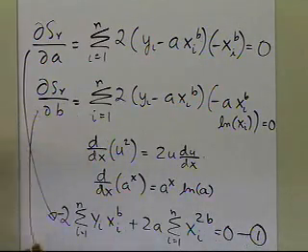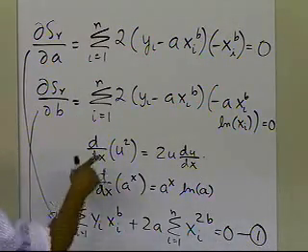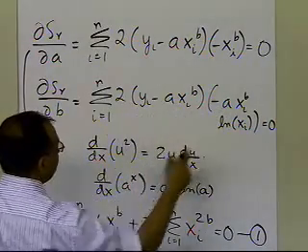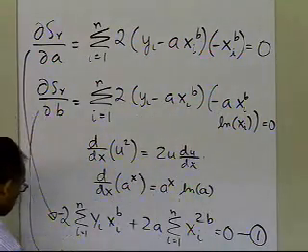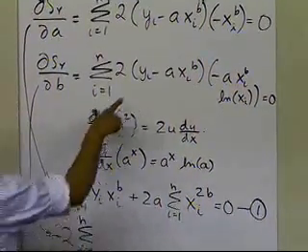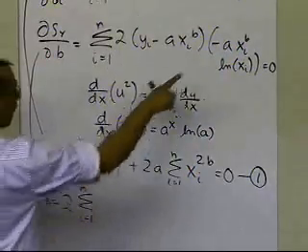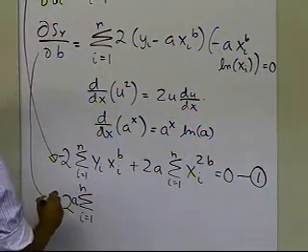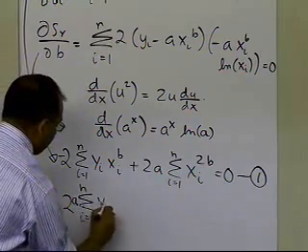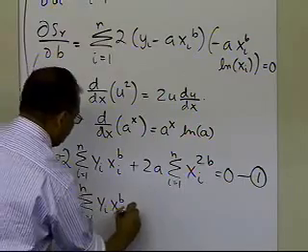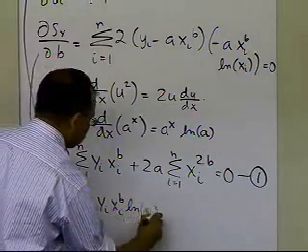And from here, what do I get? Again, I get 2, then a minus, then y sub i, and then multiply this whole quantity here. So I get minus 2 summation i equal to 1 to n, y sub i. So a is there, so I'm going to take a outside because a is a constant now. So I'm going to get y sub i, xi raised to power b, log of xi.